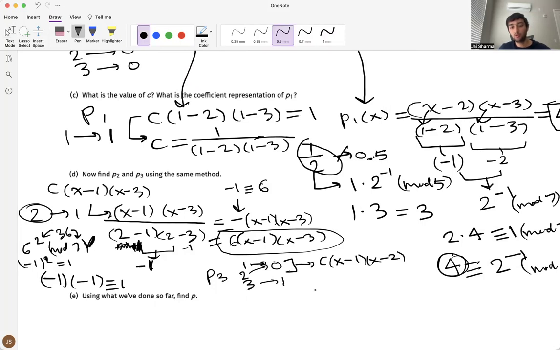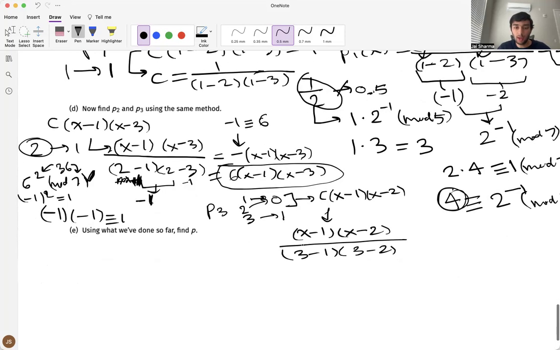Okay, that's the same as what we've done previously as well. And remember that in order to find out that C, we just substitute in 3 over here, right? So with 3 minus 1 times 3 minus 2, right? And that's the same thing that we did in the first way and the second way.